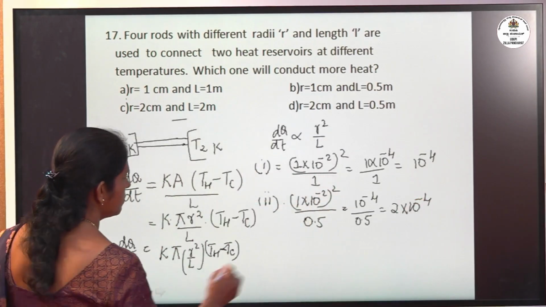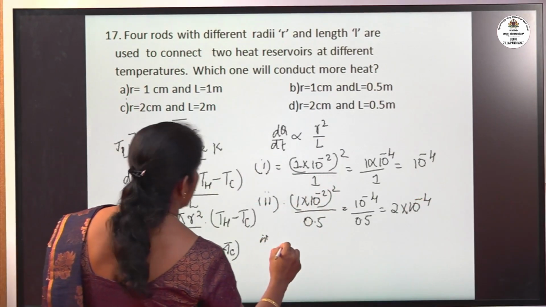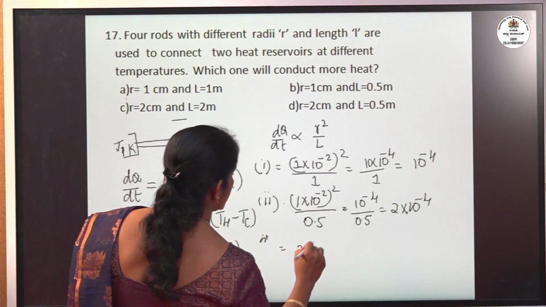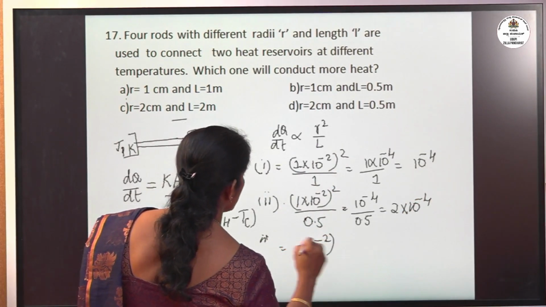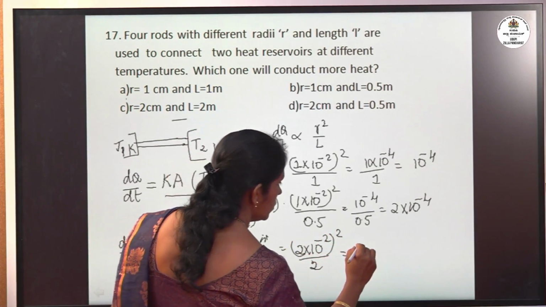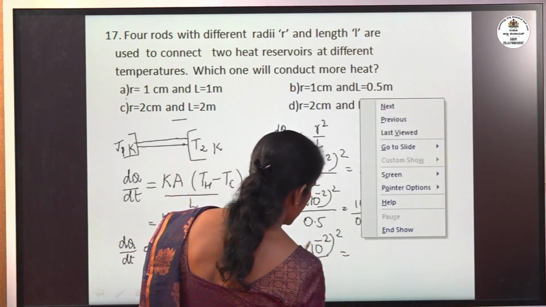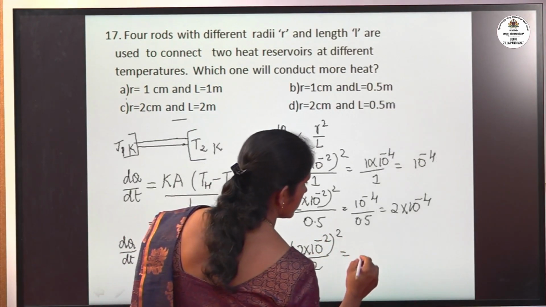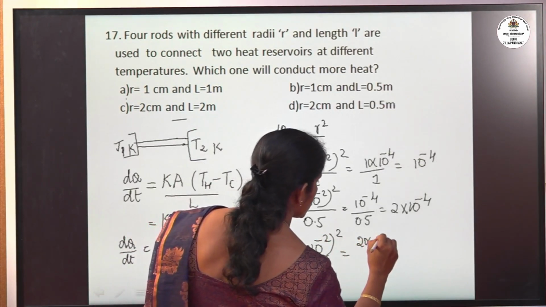Third option, r is 2 into 10 power minus 2, squared, divided by L, and cancelling 2 we get 2 into 10 power minus 4.